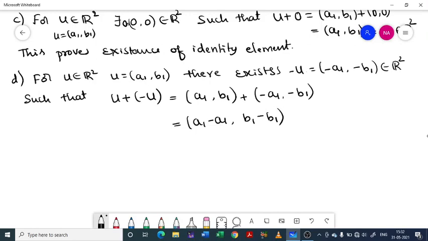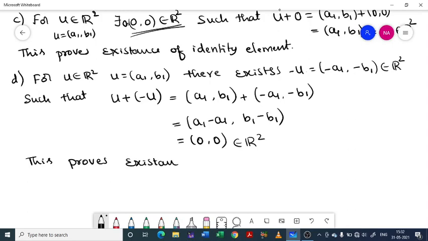So R is a field, so the additive inverse always exists, so identity also exists, so it will be 0 0, which is the identity element of R square. So this proves existence of inverse element.